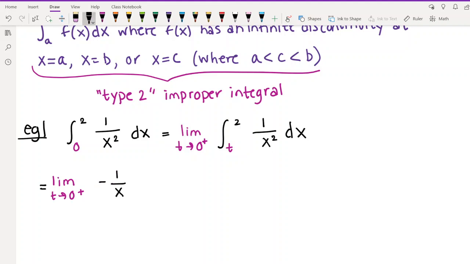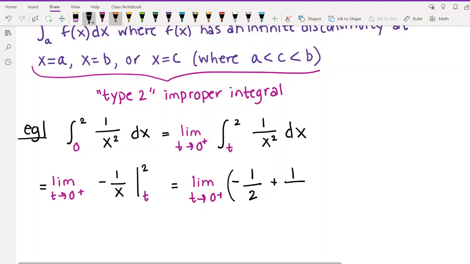If you take the derivative of negative x to the negative 1, you get positive 1 over x squared. And we're evaluating this at 2 and at t. Okay, so this is going to give us the limit as t approaches 0 from the right of negative 1 over 2 minus negative, so it'll become plus 1 over t.